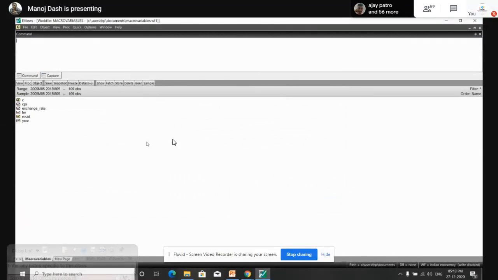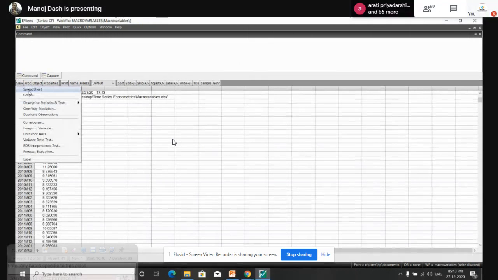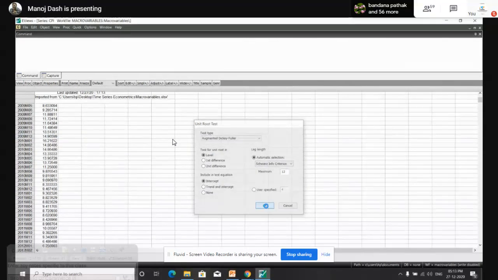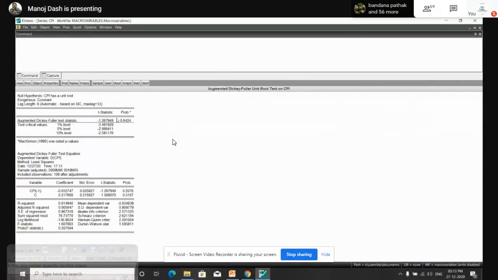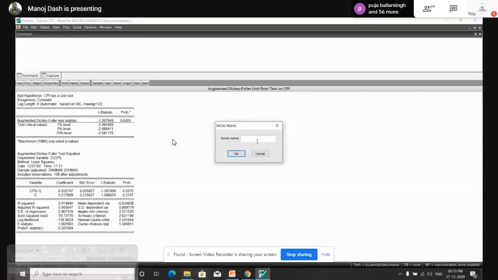Anybody? What is the first step? Select all. Double click on CPI variable to check whether it is non-stationary. Clear?